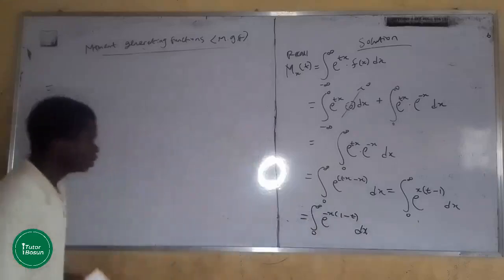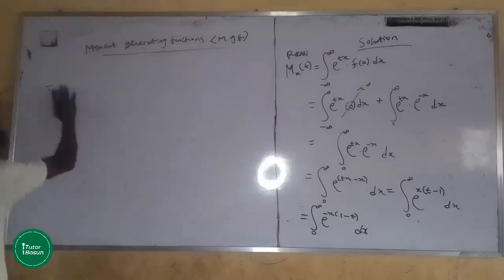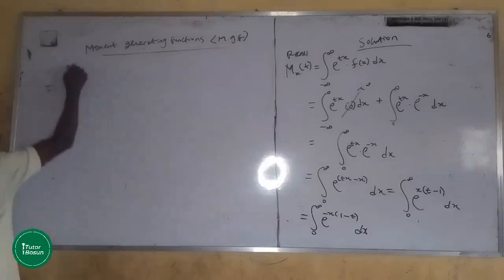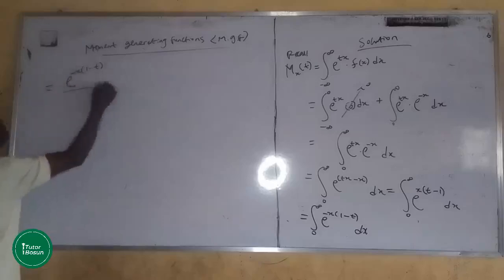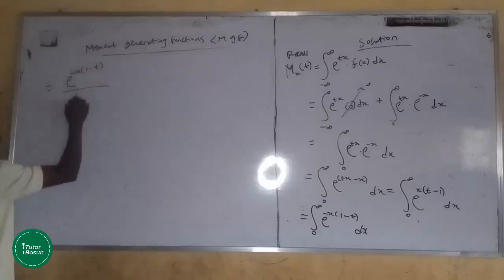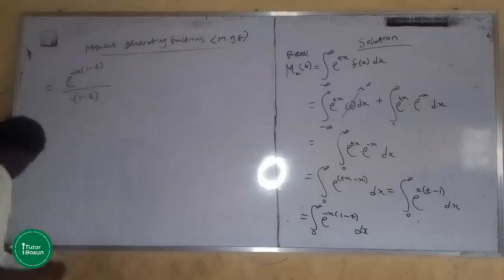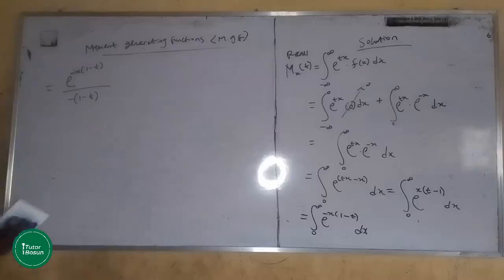So your result should be exponential minus x into 1 minus t all over minus into 1 minus t. That's going to be our value for that.